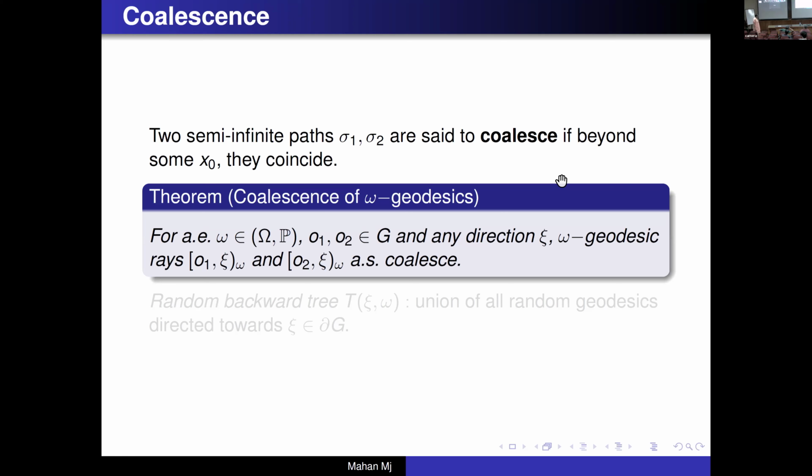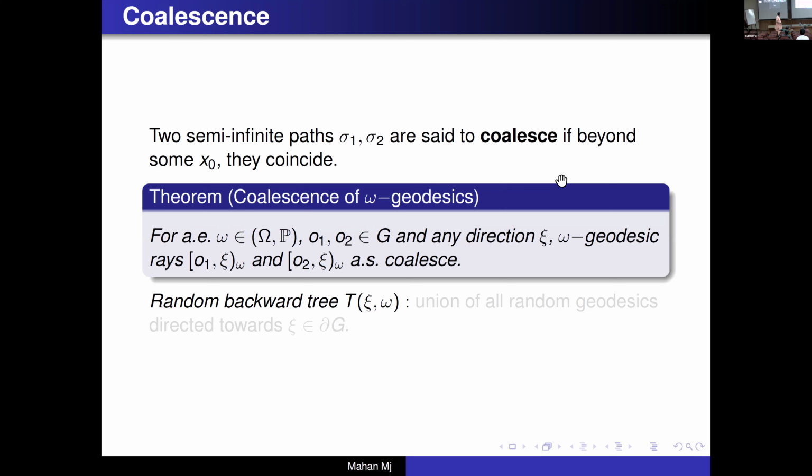So what does that give you? It basically says that given a point xi, you have a random backward tree. The collection of all geodesics going towards a point at infinity is now a tree because everything comes together and you don't have loops. Now, loops in the interior would be something, but here would be basically a probability 0 event. You can throw that away. But because of this coalescence, you don't have a forest, you have actually a tree.